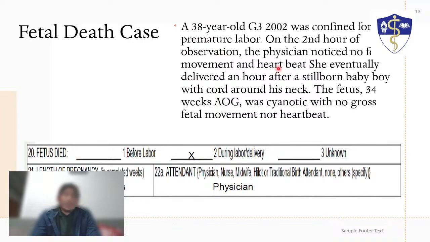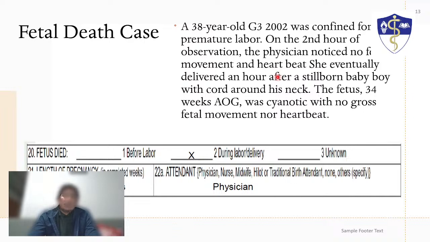So that's, I know, for immediate cesarean, possibly. If the mother would say that she felt a kick not 10 minutes ago or 30 minutes ago, that could be an emergency. They could still try to revive the baby. She eventually delivered, an hour after, a stillborn baby boy with a cord around his neck. Sometimes this doesn't happen because the OB-GYN usually tries to do a cesarean here.